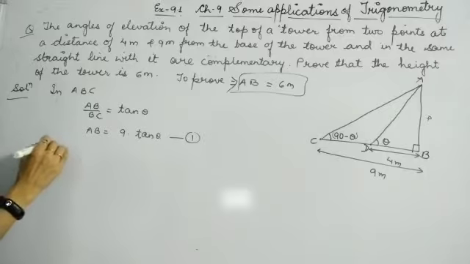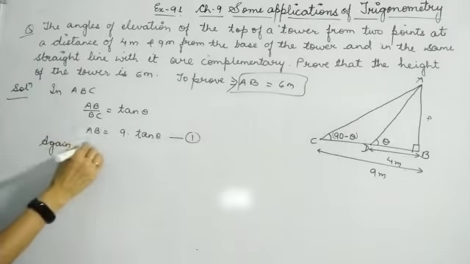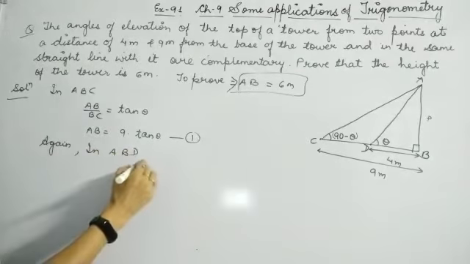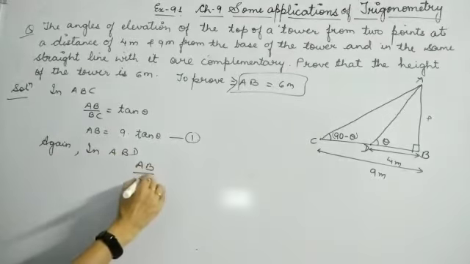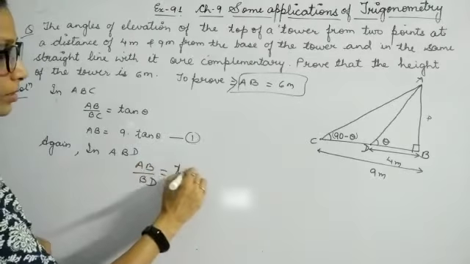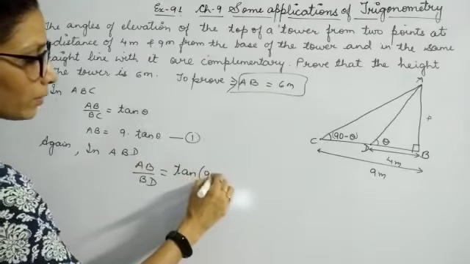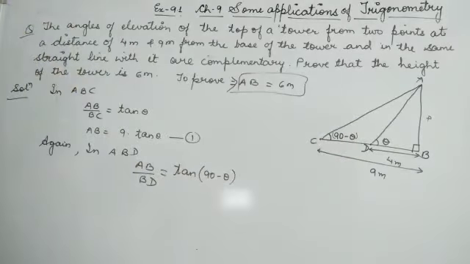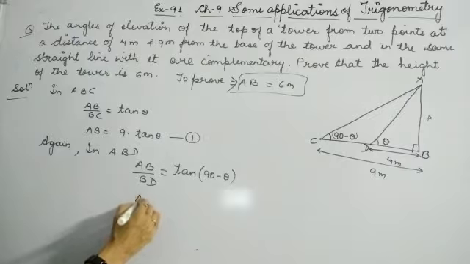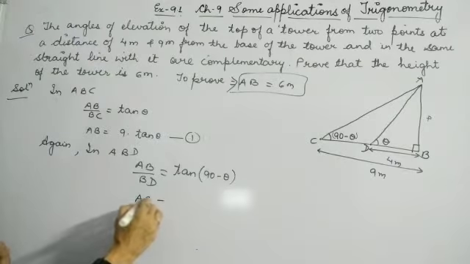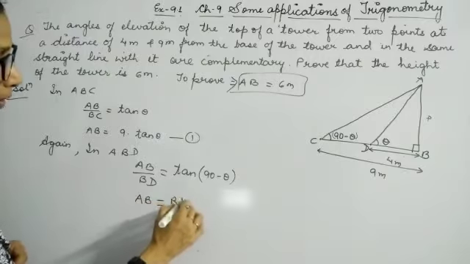And then you take another triangle. Again, in triangle ABD, I am considering it as AB upon BD, that means perpendicular upon base, which will be again tan of 90 minus theta. Okay, since the angle of elevation is 90 minus theta, so I have taken this. So here I will be getting it as AB is equal to BD into tan 90 minus theta.